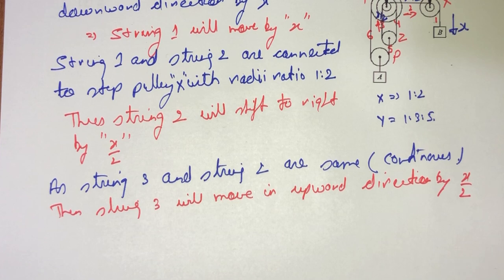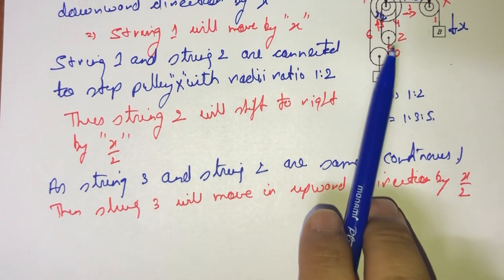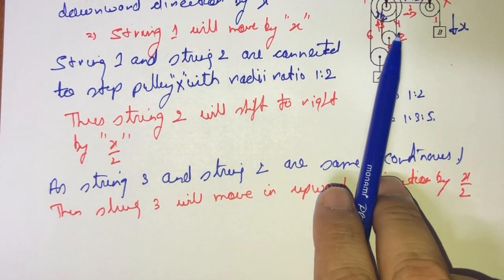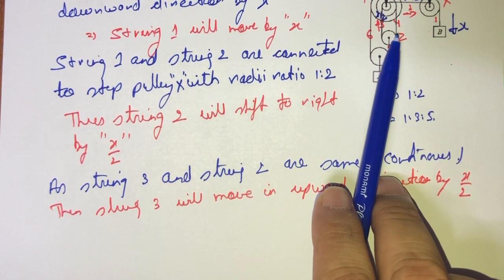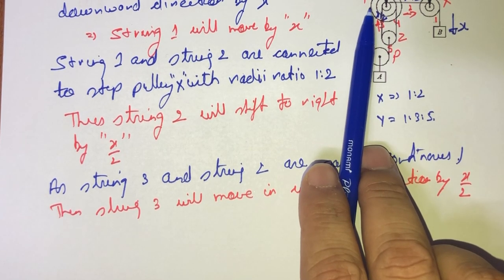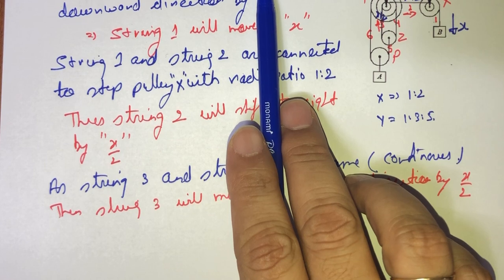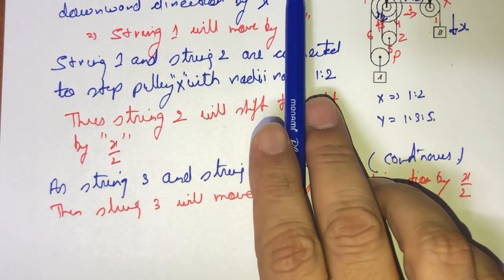Now the strings 3 and 4 are connected with the pulley Y, which has a radii ratio of 1:3:5.